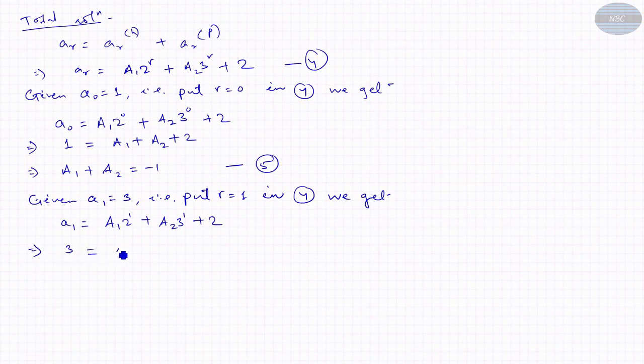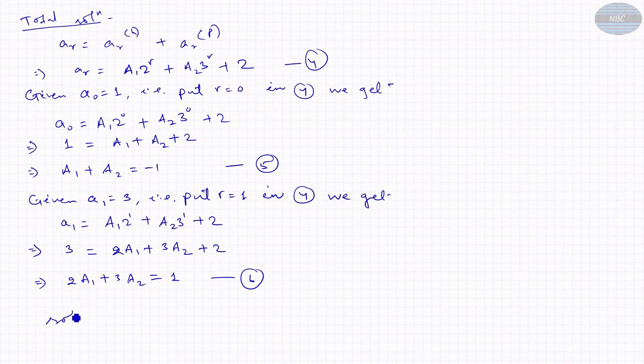This one is 2a1 plus 3a2 plus 2, which can be written as 2a1 plus 3a2 is equal to 3 minus 2, which is 1. This one is equation 6.